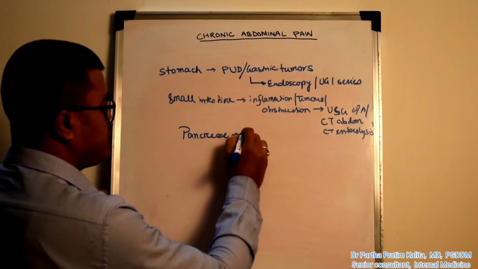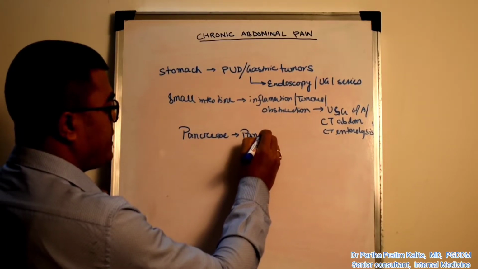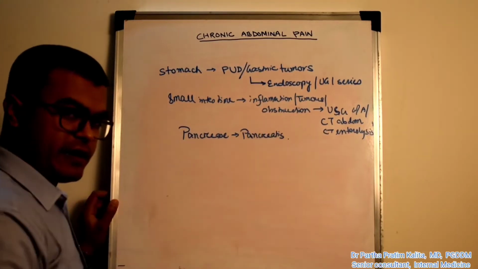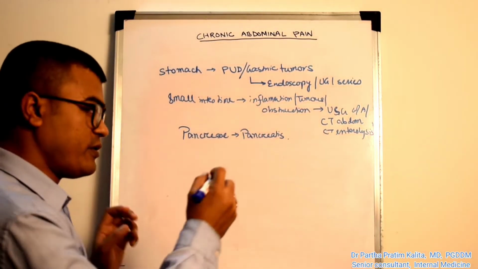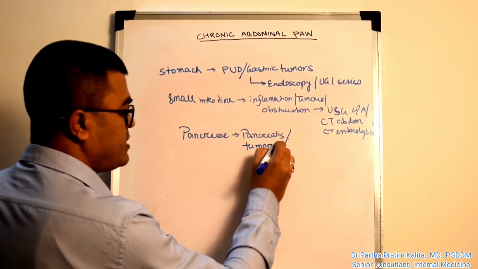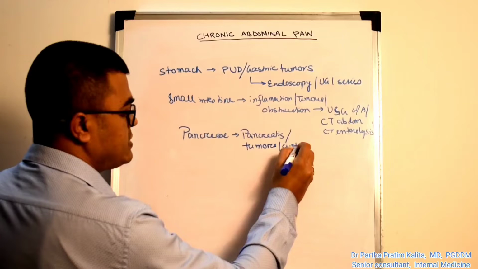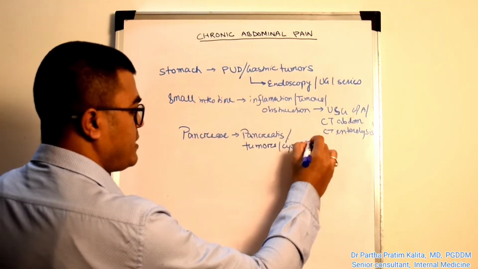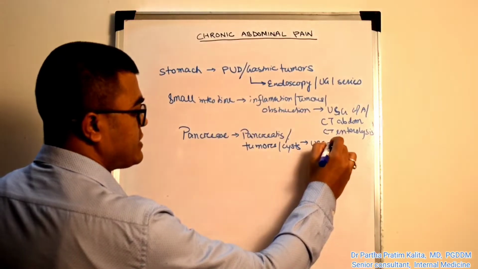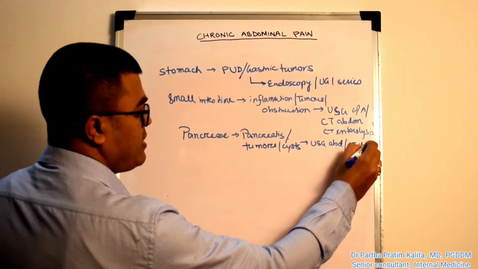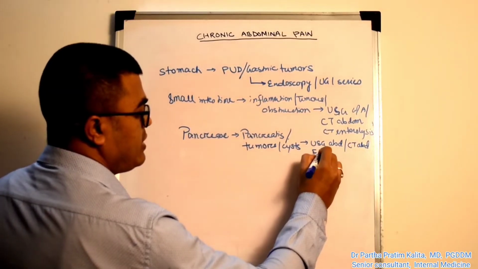Now the next organ that can cause chronic abdominal pain is the pancreas. In the pancreas there can be pancreatitis. So it can be acute pancreatitis or it can be chronic pancreatitis. Then there can also be presence of tumors or presence of cyst that can cause chronic abdominal pain. To evaluate this, we can go for an ultrasound of the abdomen, then we can go for a CT abdomen or we can go for an ERCP.